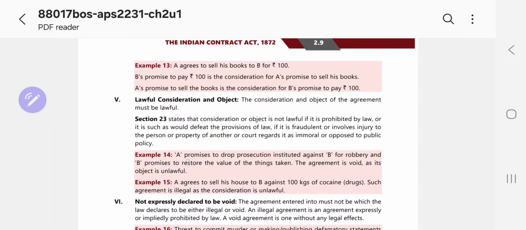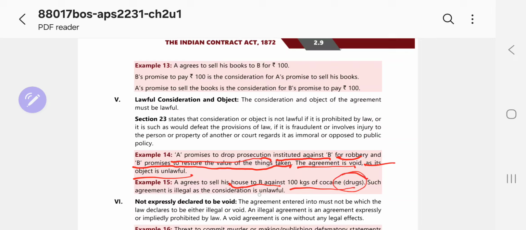Okay, for example, A promises to drop prosecution instituted against B for robbery, and B promises to restore the value of the things taken. The agreement is void as its object is unlawful. The object here is unlawful, so this contract has become void. Example 15: A agrees to sell his house to B against 100 kgs of cocaine.